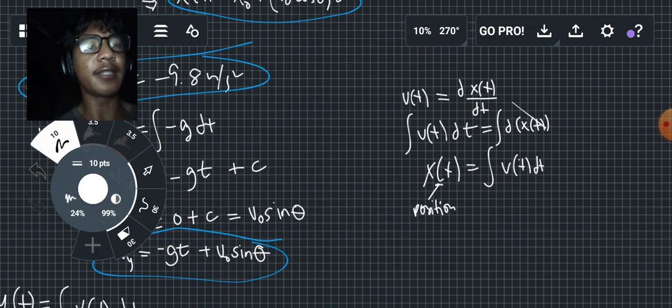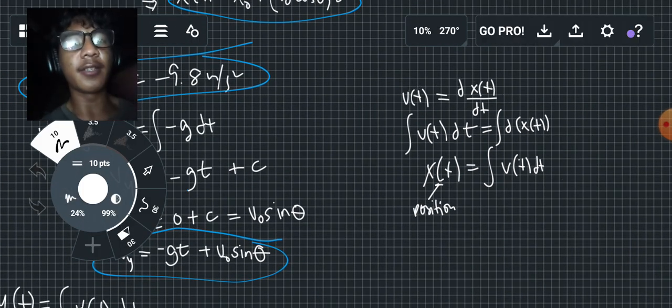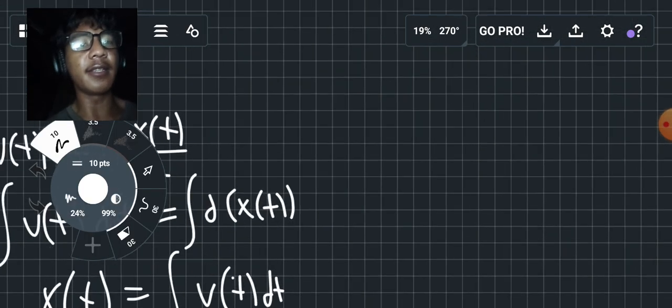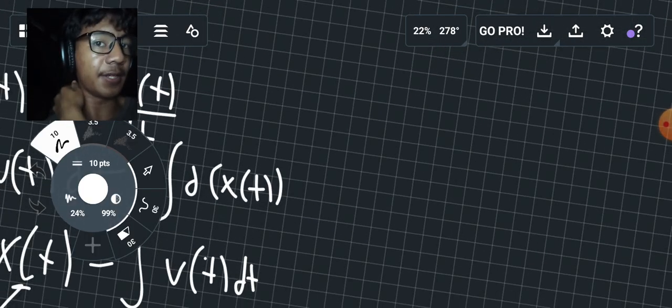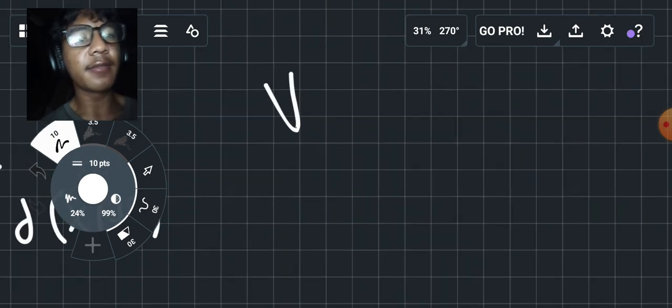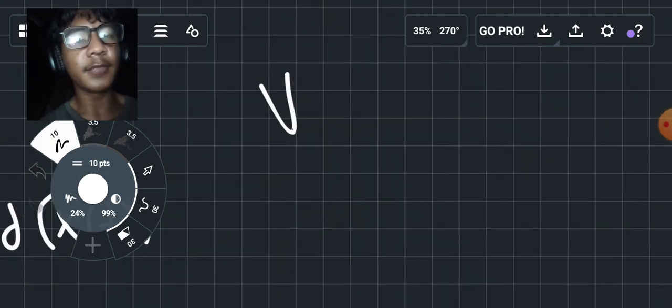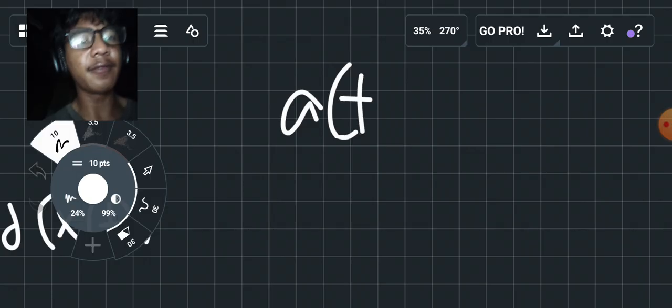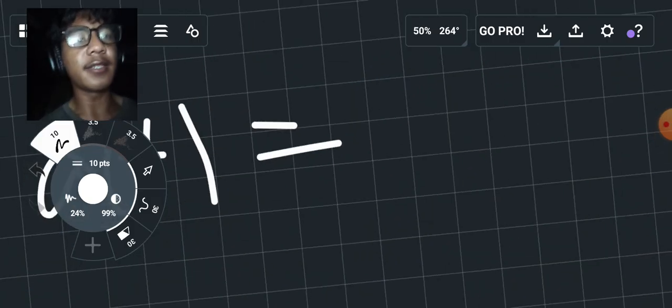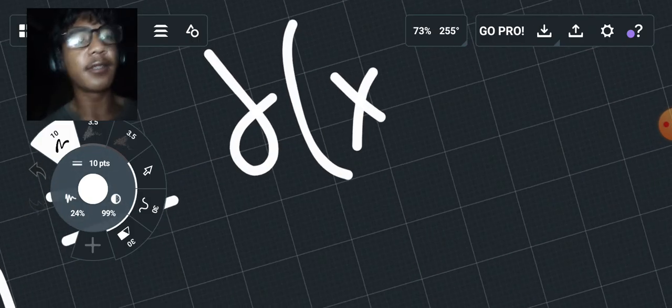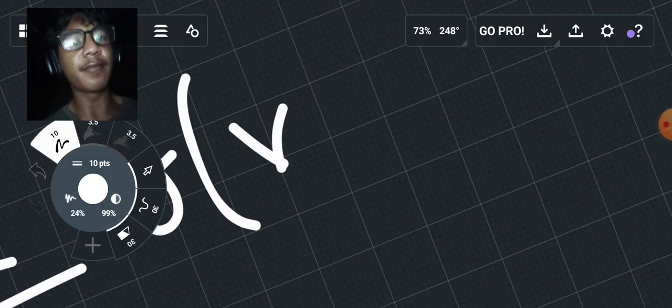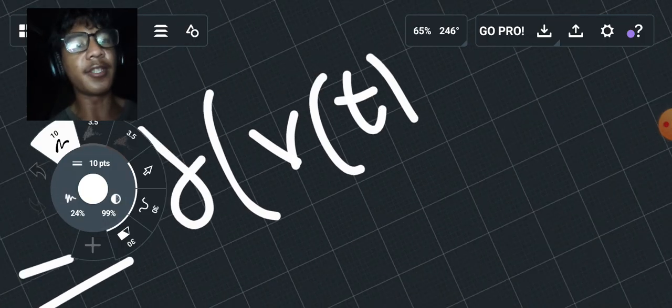It's a very good side note, and it also works for the acceleration. The acceleration function a of t is the derivative of the velocity function with respect to time.